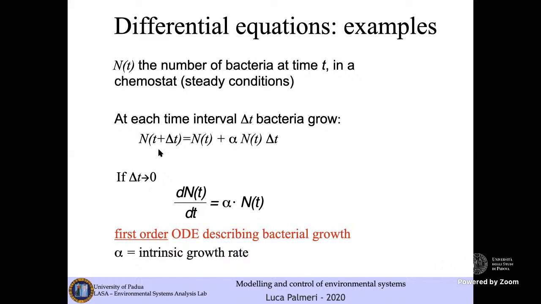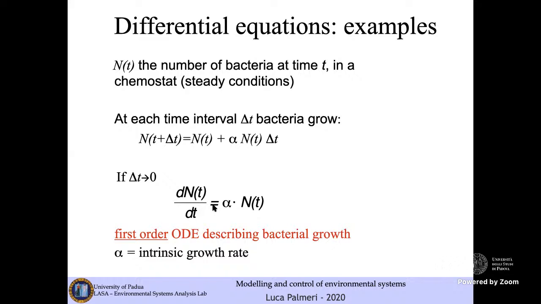If we make delta t tend to 0, you may recall from your first mathematical classes, this is exactly the definition of limit. And in this case, we obtain that the derivative in time of the number of bacteria at time t is equal to the parameter alpha times the number of bacteria at time t itself. So this is the first order ordinary differential equation describing bacterial growth, and alpha is the parameter customarily called intrinsic growth rate.